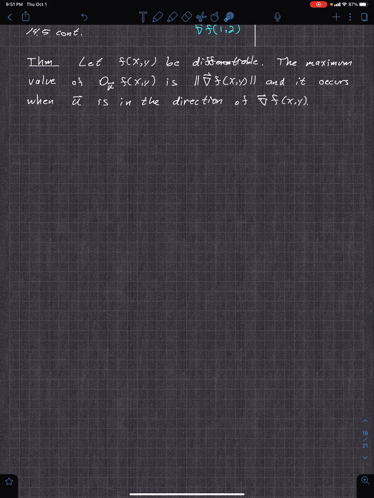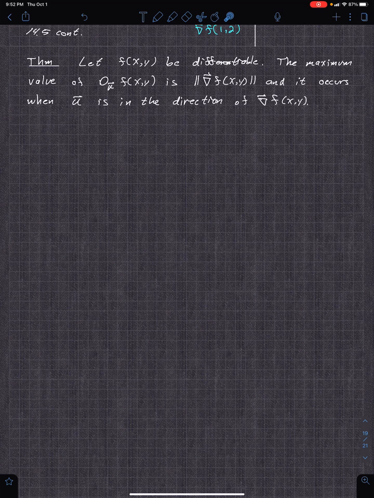All right, so let's write this up. Let f of xy be differentiable. Just a standard hypothesis. The maximum value of the directional derivative, meaning if you have all these different directions at a point, all these different possibilities, what's the maximum value?